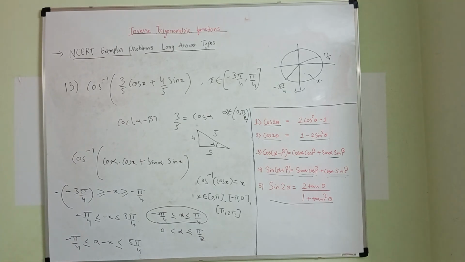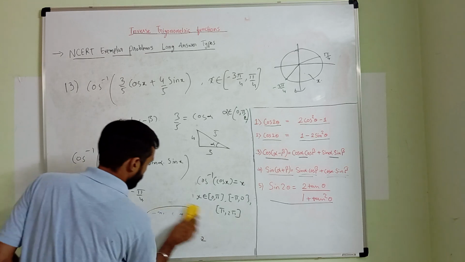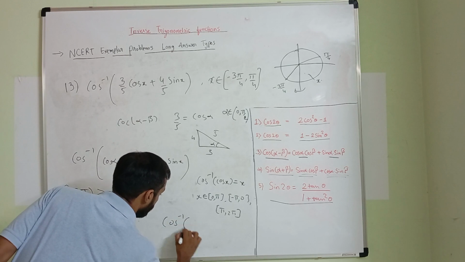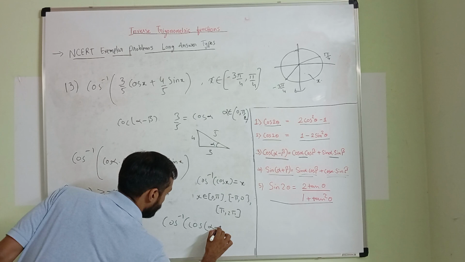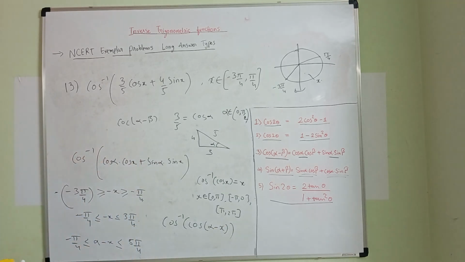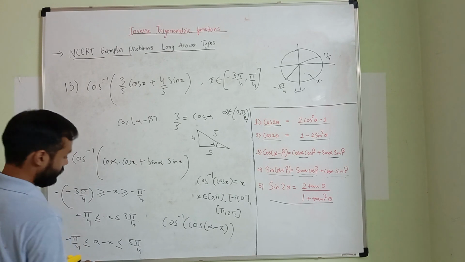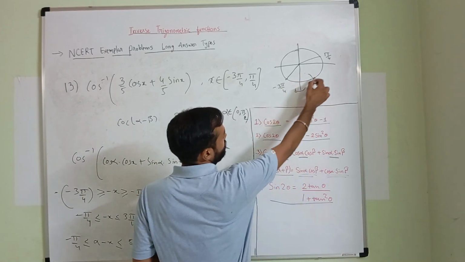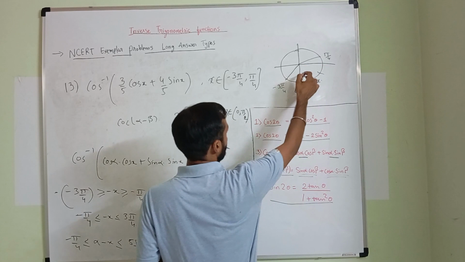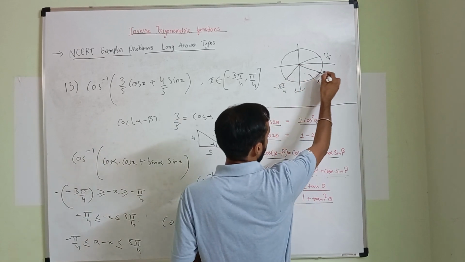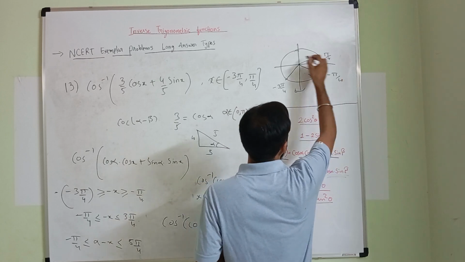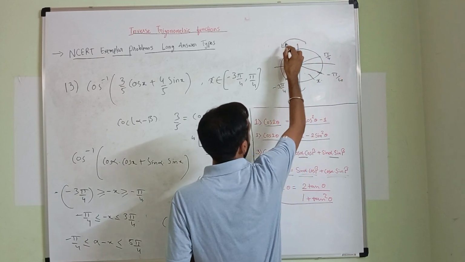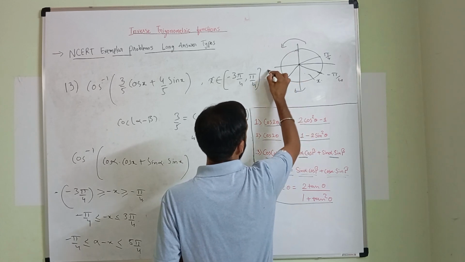Hence in cos inverse of cos(alpha minus x), alpha minus x belongs to minus pi by 4 to 5 pi by 4. Minus pi by 4 will be here, and when the rotation is anti-clockwise, our 5 pi by 4 will be here.